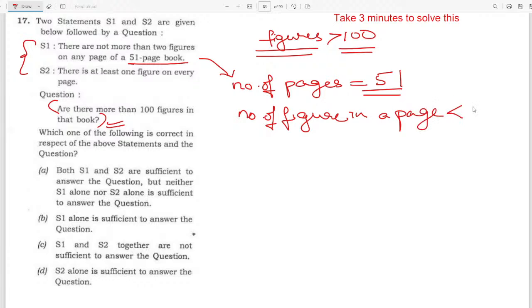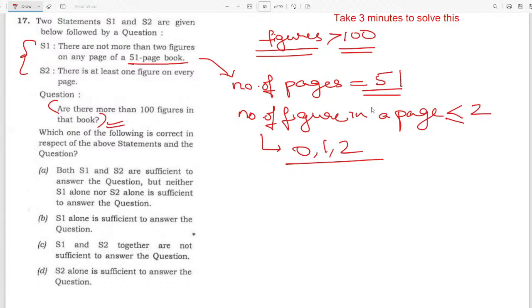Not more than 2 figures means less than or equal to 2. So the number of figures in a page can be 0, can be 1, can be 2.